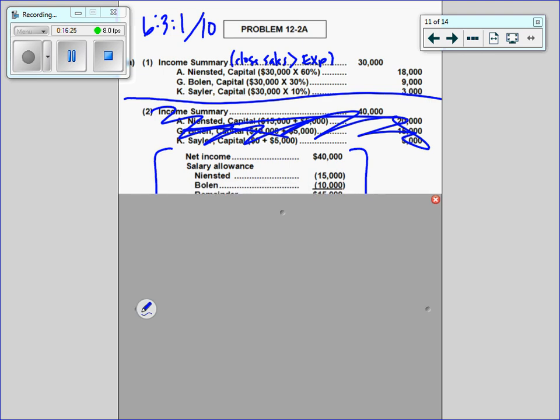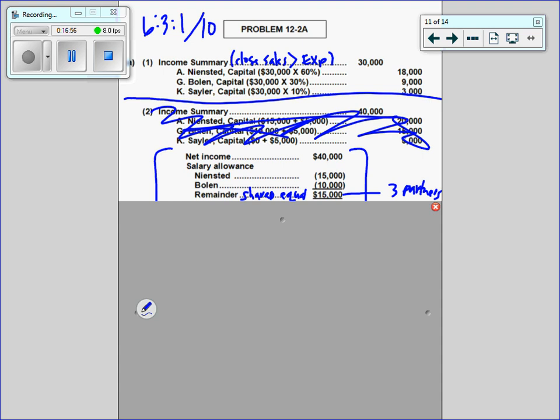Two of our partners get a salary allowance, Nienstedt and Bolin. We have a remainder of $15,000 that will get shared equally among the 3 partners.